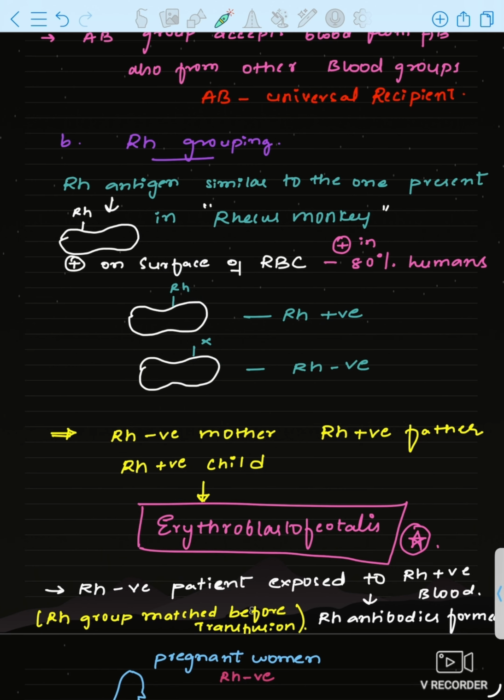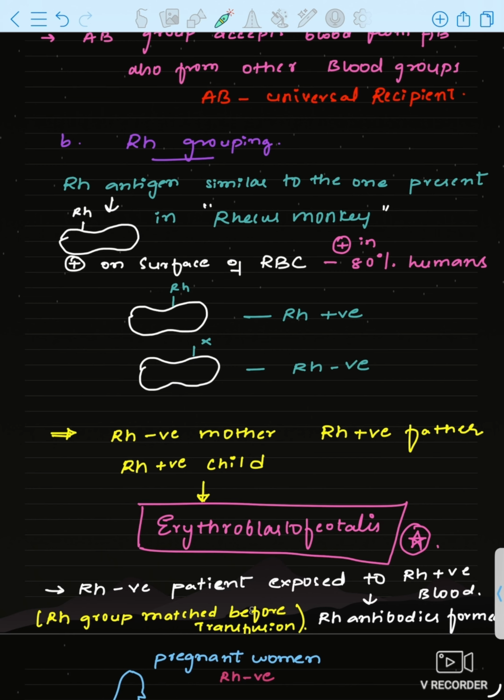Okay, and one more complication, it is a famous complication. If you are studying Rh grouping, then the most important complication is erythroblastosis fetalis. What is erythroblastosis fetalis? When an Rh negative mother, meaning AB negative, O negative, A negative or B negative, is married to an Rh positive father, the child will be Rh positive.